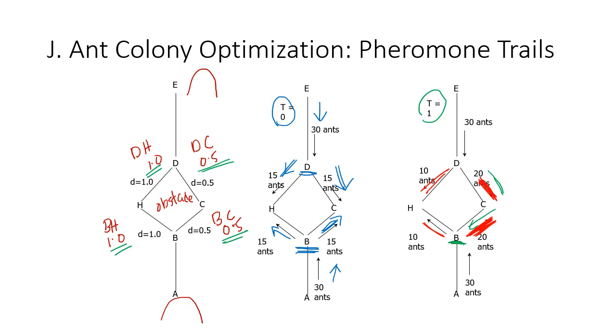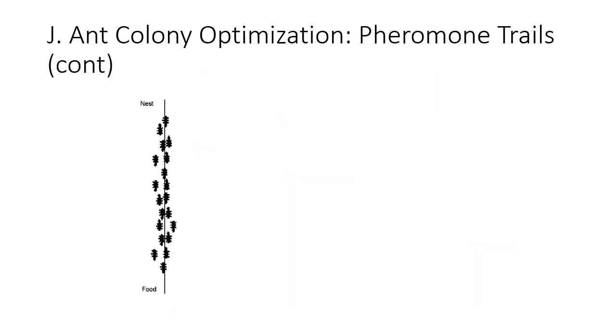And at timestamp 1, when another group of 30 ants comes from nest A, they would have a greater probability of following this path because the pheromone on this path is stronger than on this path. This is how a shorter path is always chosen by a group of ants through the reinforcement of pheromone trails.